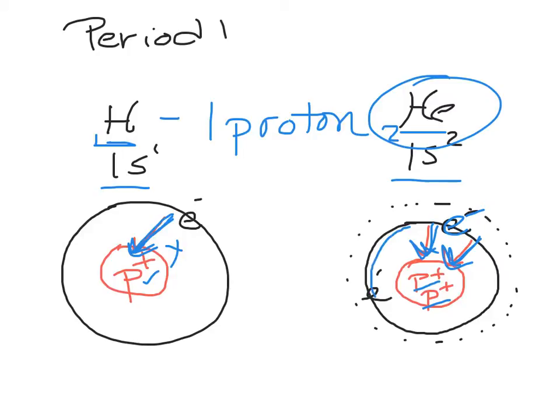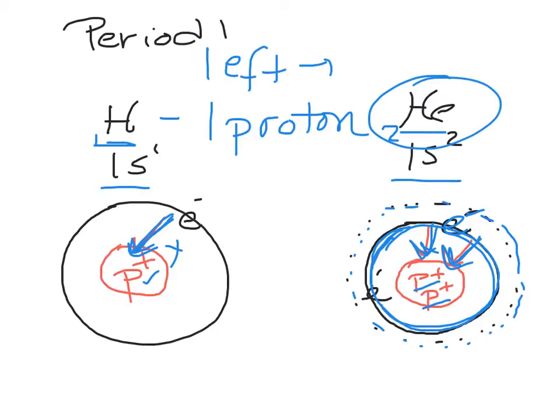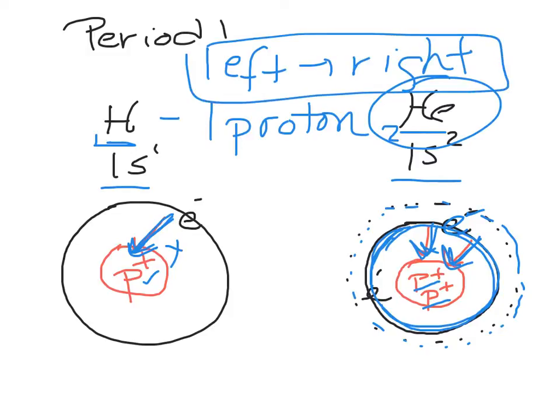So the whole atom shrinks down so that the valence electrons can get closer to the nucleus. This dotted line represents the original size of the hydrogen atom, and the hard black line represents how much it has shrunk down because of that extra electromagnetic attraction. And so the bottom line is, going left to right across any one individual period, the atomic size is going to get smaller.